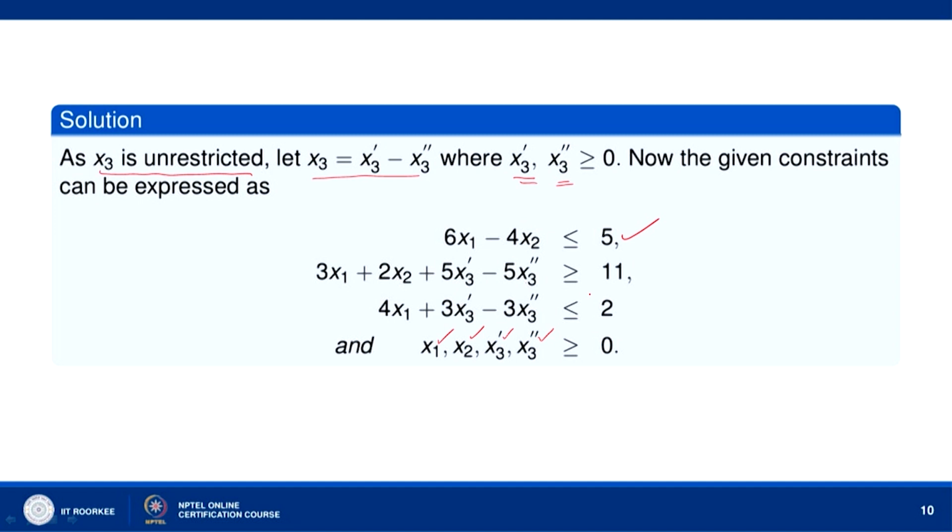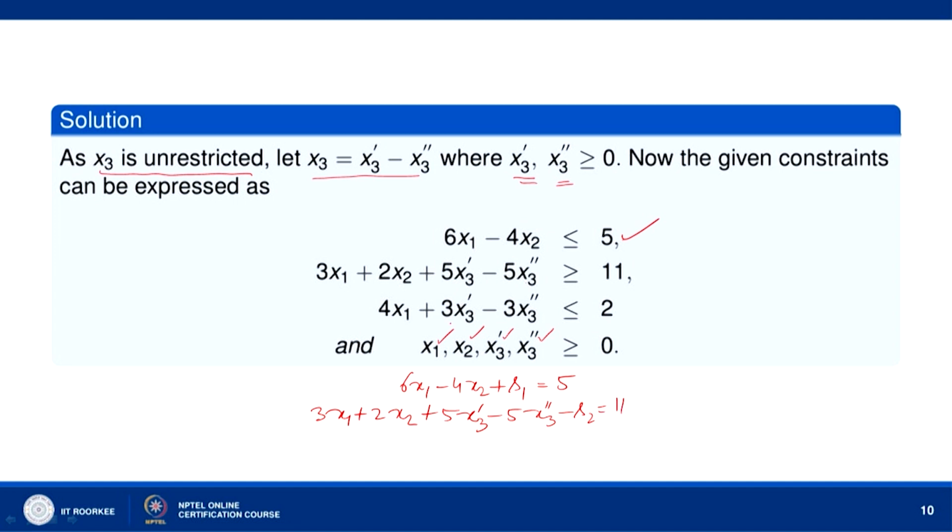Now, let us convert them into equations. Since the first is less than or equal to 5, we will have to add a slack variable there. So, 6x1 minus 4x2 plus s1 equal to 5, where s1 is a slack variable. Now, here we have greater than or equal to, so we will subtract a surplus variable. So, 3x1 plus 2x2 plus 5x3 dash minus 5x3 double dash minus s2 equal to 11.